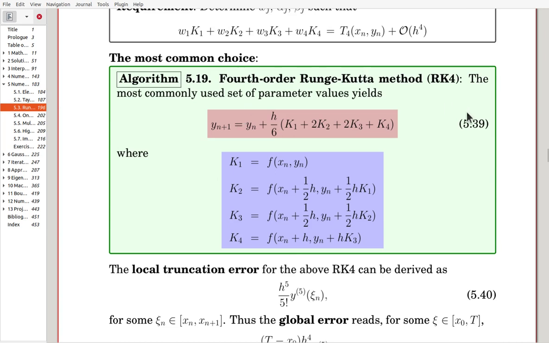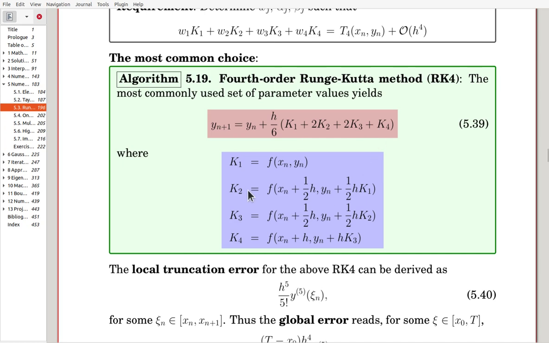So RK4 now: yn plus 1 is the same as yn plus h over 6 times one contribution, two contributions, again two contributions, and one contribution, total 6 contributions divided by 6. So the weights are 1 over 6, 2 over 6, 2 over 6, and 1 over 6.